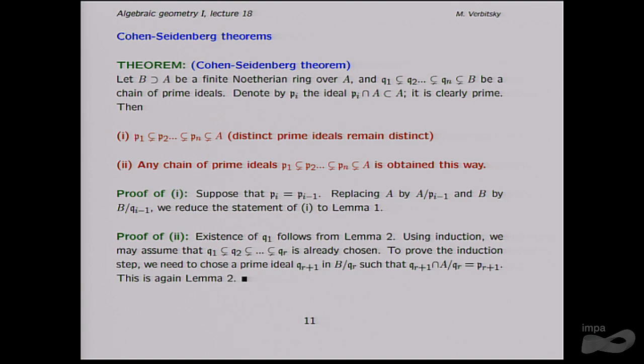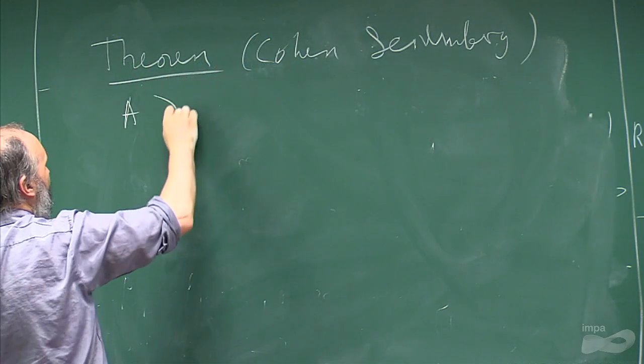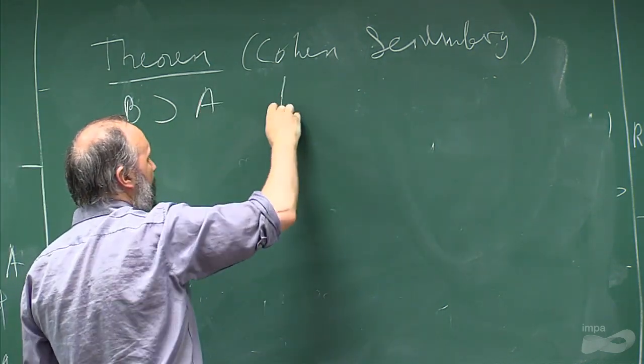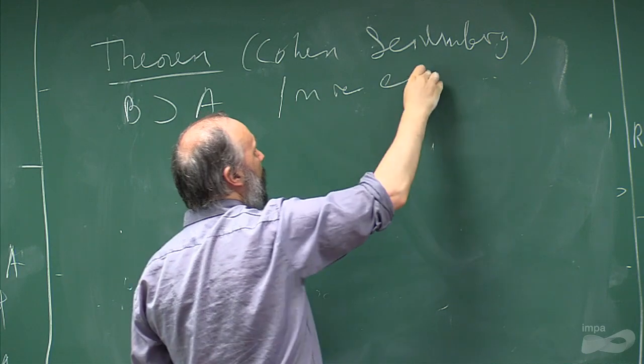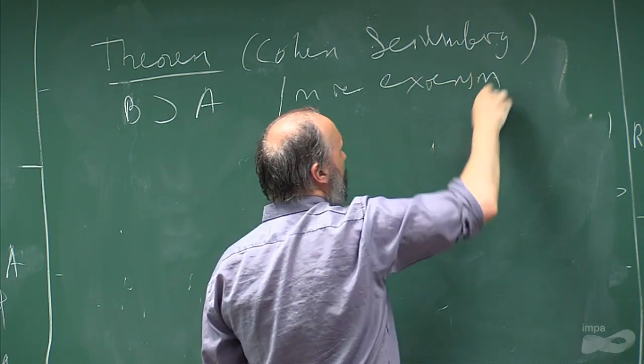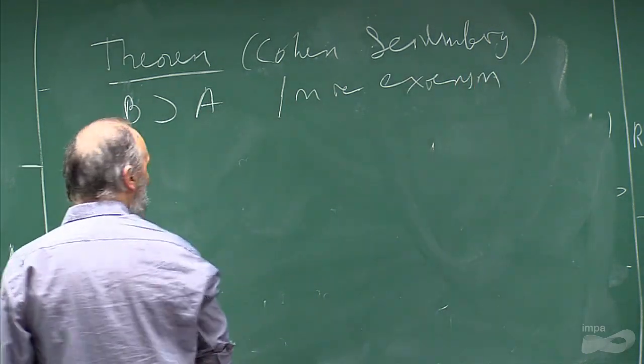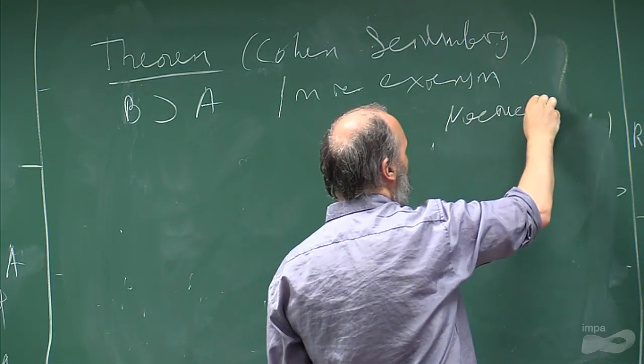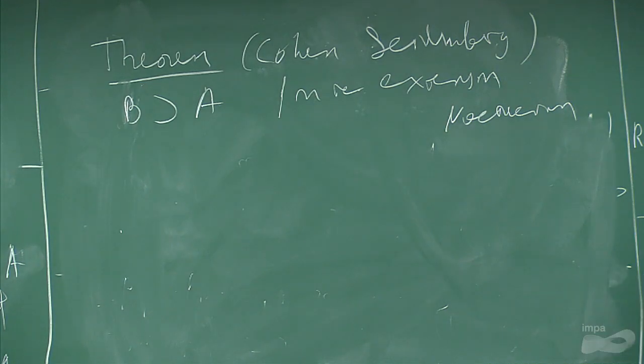Okay, you have A contained in B, a finite extension. What else? Noetherian. Did I write Noetherian here? Yes, I didn't forget it.